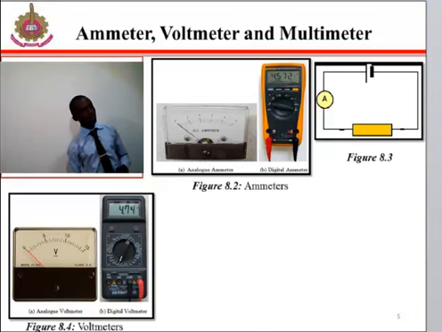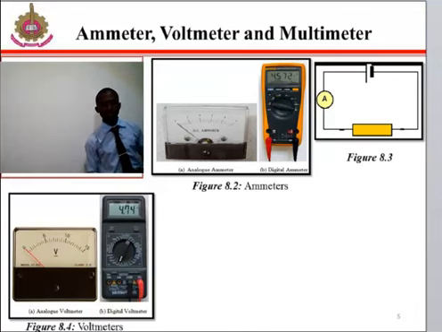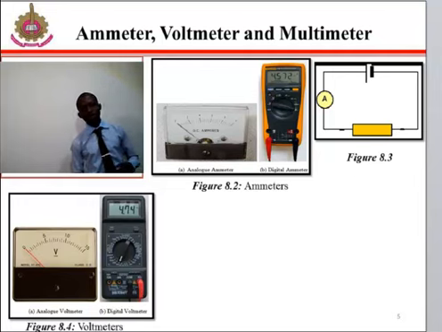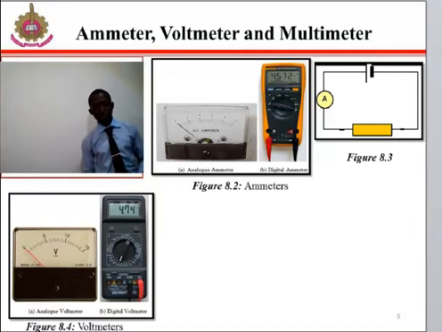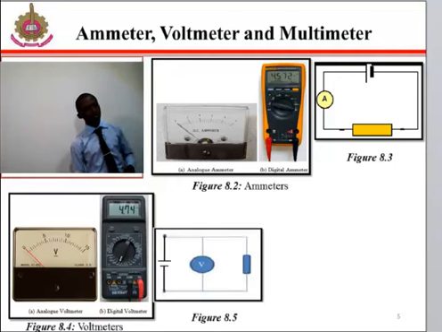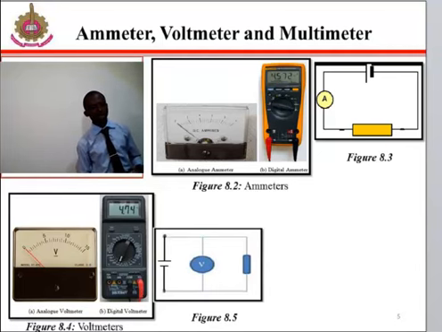Also, a voltmeter, as shown in figure 8.4, is an electrical measuring device which is used to measure potential difference between 2 points in a circuit. A voltmeter is always connected in parallel to a circuit as shown in figure 8.5. You can also use the data you read from both the ammeter and the voltmeter to get resistance.